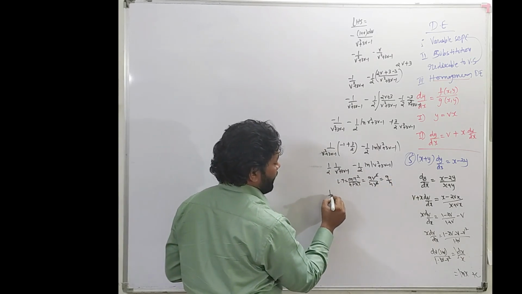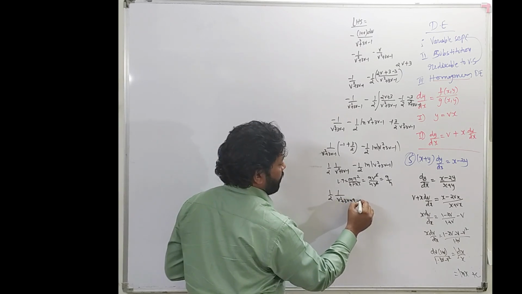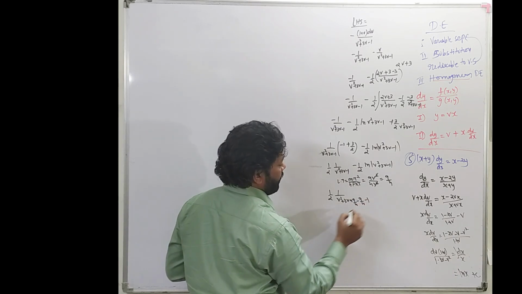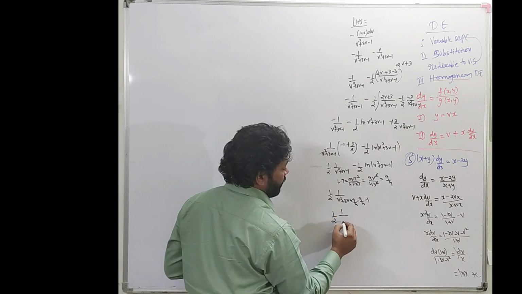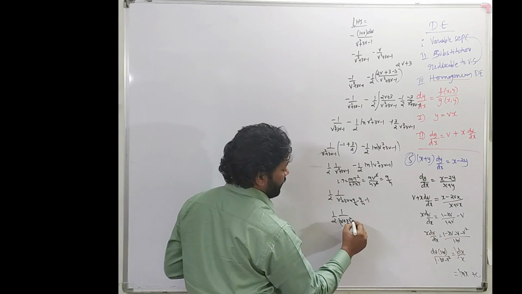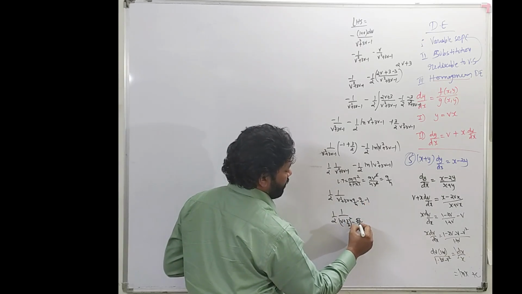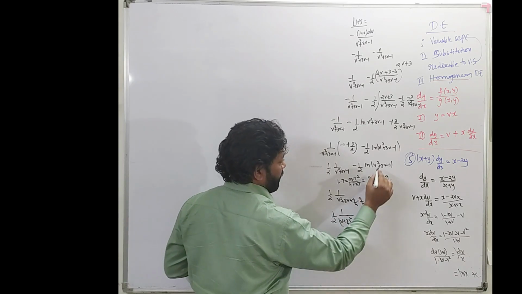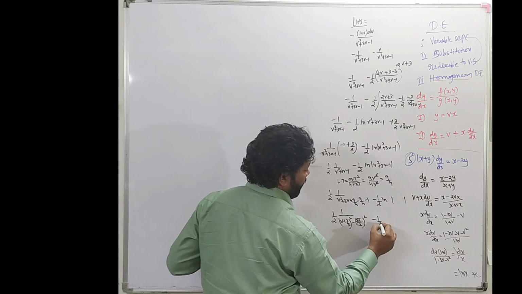So we will add and subtract 9 by 4 in the denominator. So it will get converted into the perfect square format, minus square root of 13 by 2 whole square. This part remains as it is, half ln.